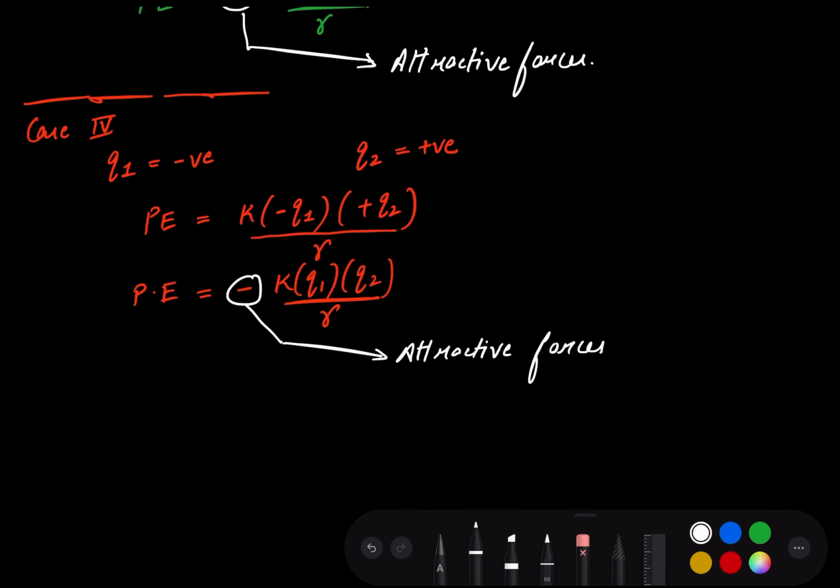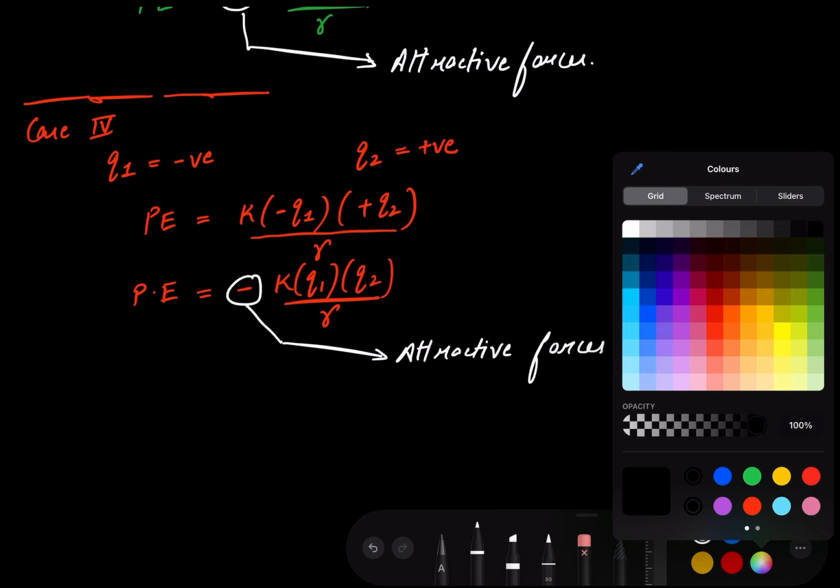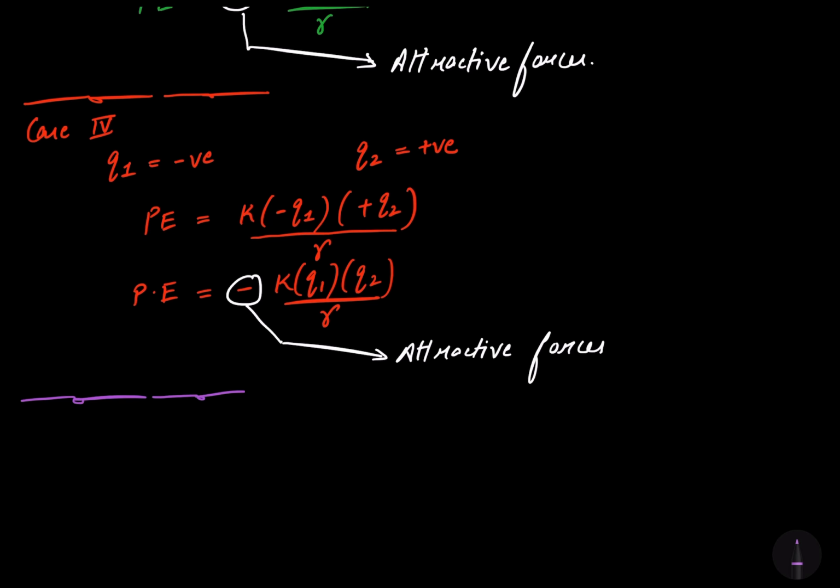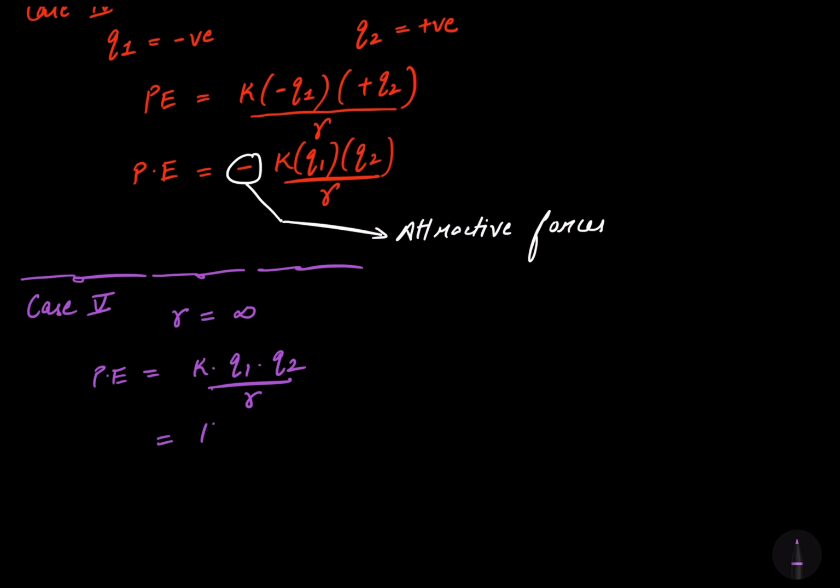Let us discuss one more case now. Let's talk about case number 5. Take your distance of separation between the charges to be infinite. Now, potential energy comes out to be K into Q1 into Q2 divided by small r. It comes out to be K into Q1 into Q2 upon infinite.